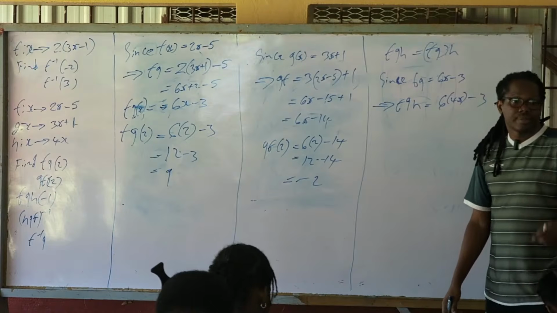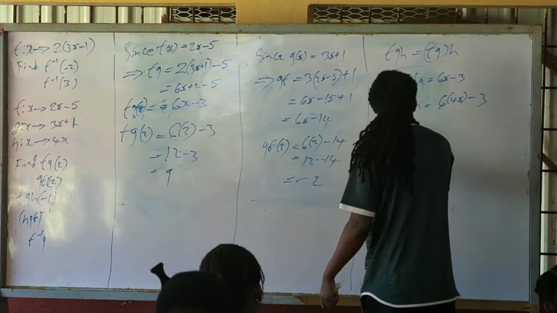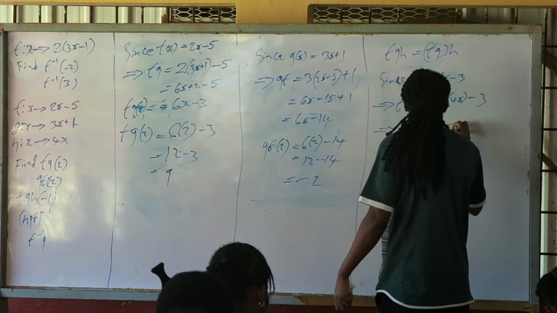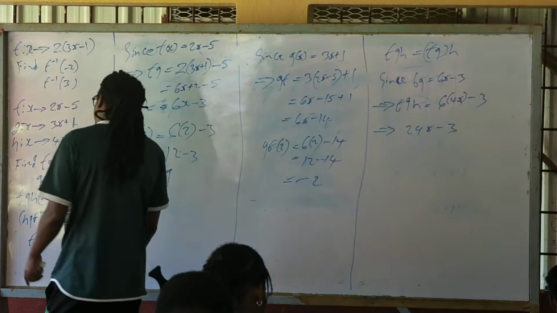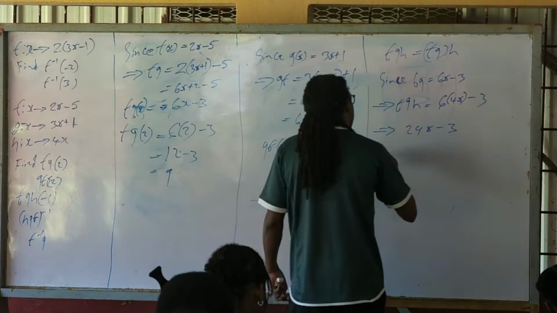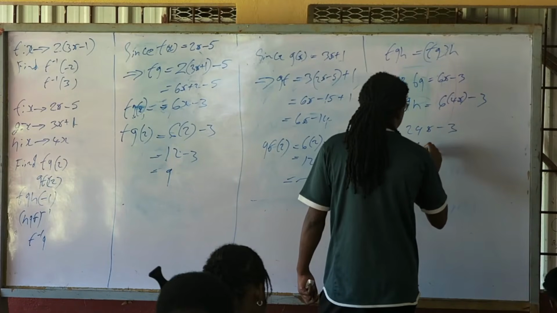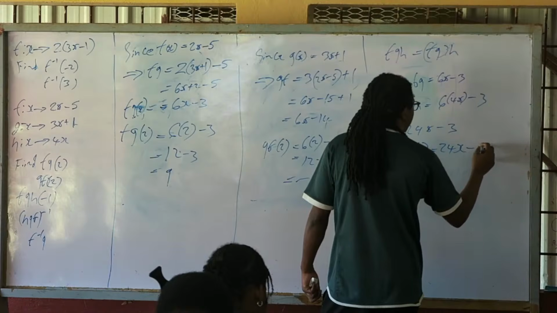See that? It implies 24x minus 3. So the f of g of h, therefore f of g of h of x equals 24x minus 3.